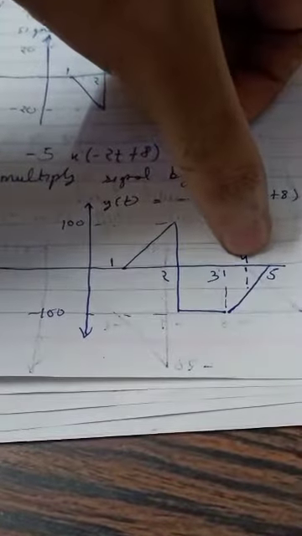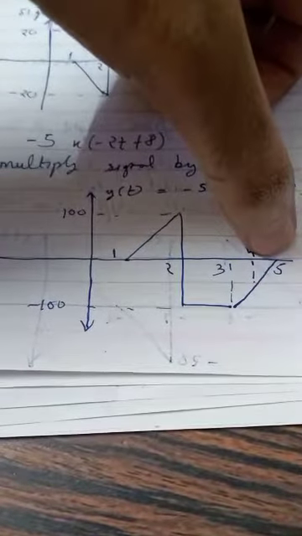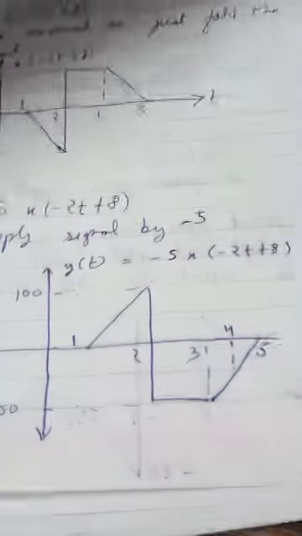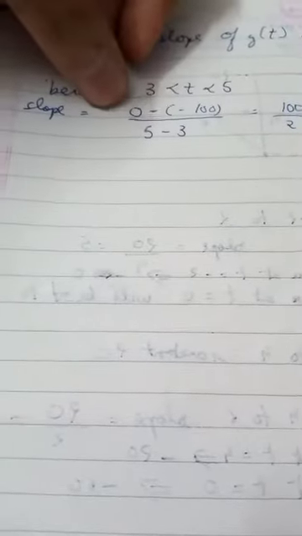This is a line from 3 to 5, changing from minus 100 to 0. So the final value is 0 and the initial value is minus 100. So we do 0 minus minus 100, and this change occurs over two time units. So the slope will be 0 minus minus 100 upon 5 minus 3, that is final value minus initial value upon final time minus initial time. So the slope will be 50. So this is the value of dy by dt at t equal to 4. Thank you.